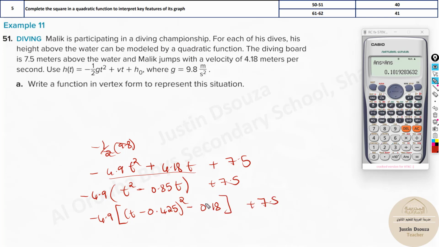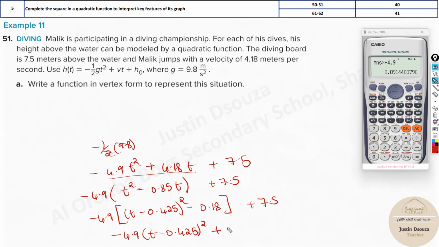Or you can just write 0.4 the whole square. That's also fine. Now here you multiply this. It'll be negative 4.9 times t minus 0.425 the whole square, and when you multiply this with negative 4.9, you will get 0.89. So over here, negative and negative will be positive.